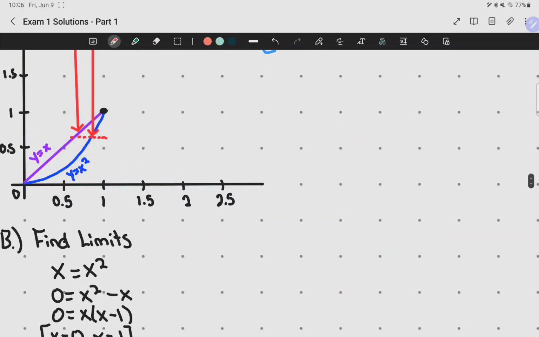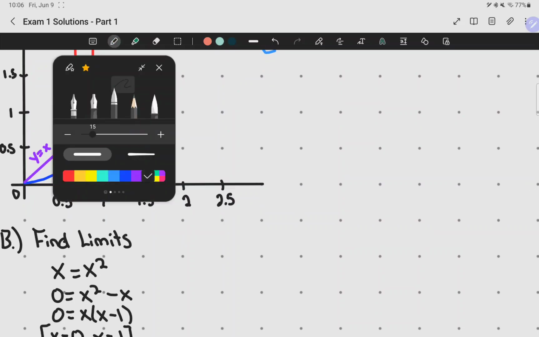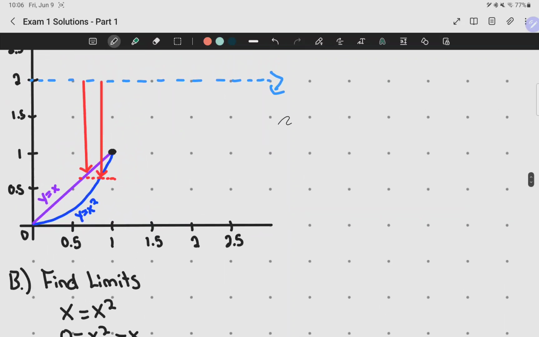So x is going to be our inside. However, since we're rotating about y equals 2, we need to subtract to get back to our original starting place, right?